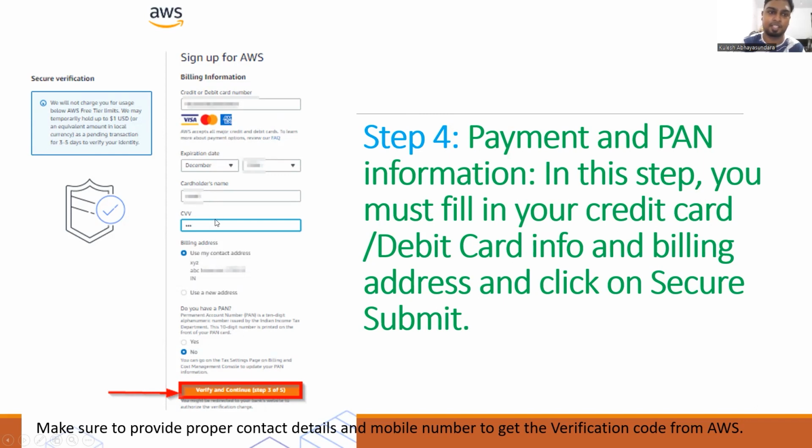Then finally, our CVV, which is a very unique number that is given on the backside of our debit or credit card. Then we choose our billing address, and here you use my contact address or a new address. And finally, you can choose if you have a PAN or not. And then the next thing, we say verify and continue to step 3.